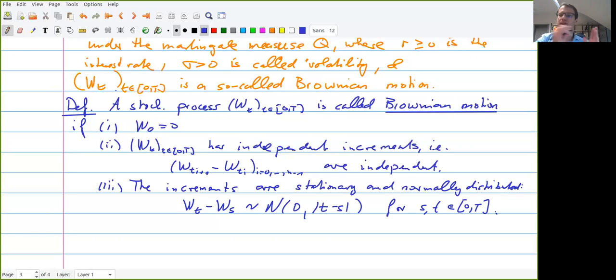Stationary means it doesn't matter where you take an increment, the length of the interval determines the distribution. One final property is that W_t has almost surely continuous paths, sample paths.